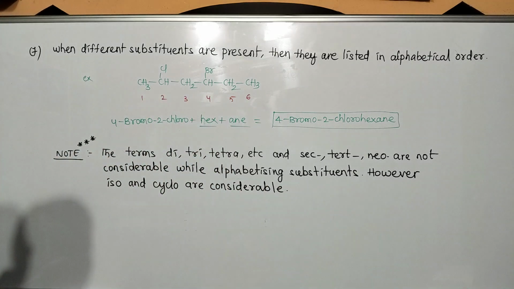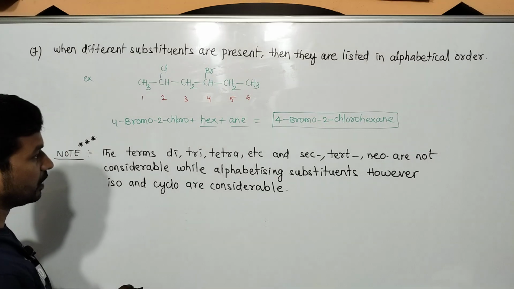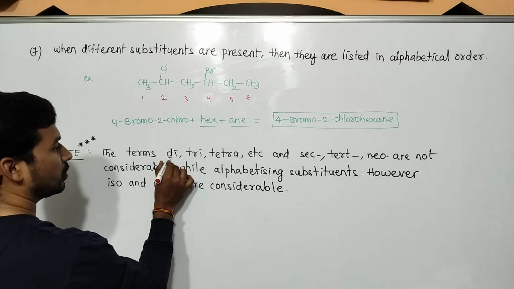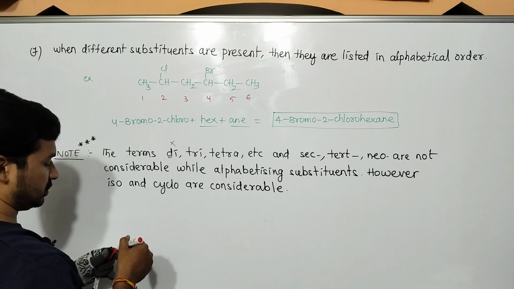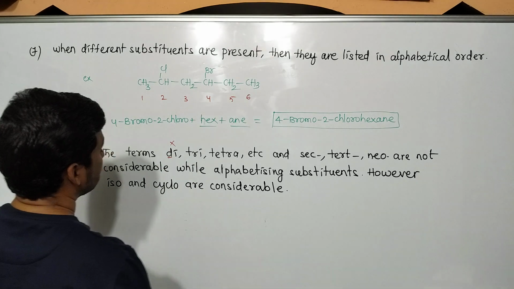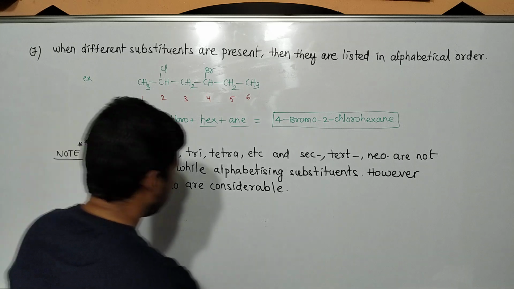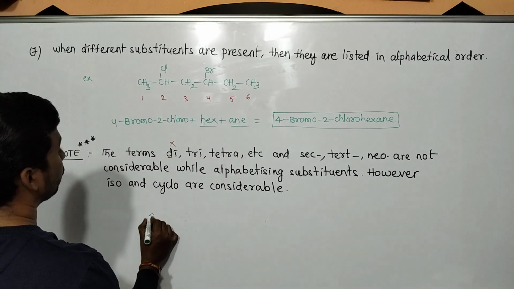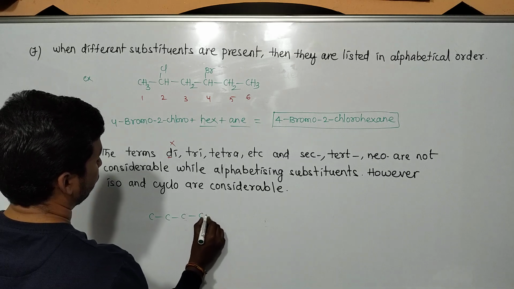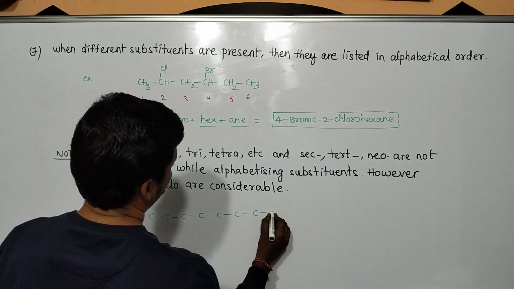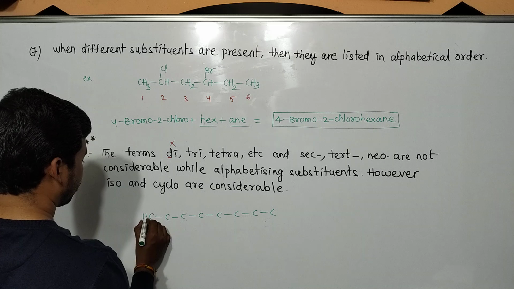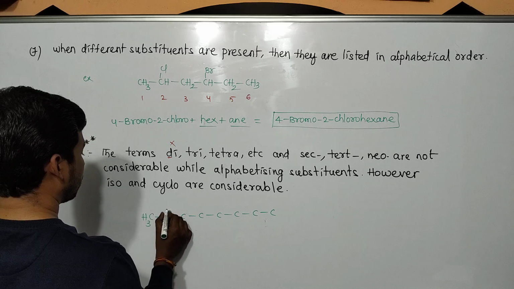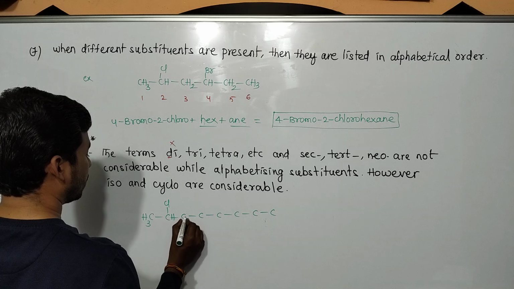See this? If the same group appears 2 times, di, in alphabetical order, don't consider di. For example, let me give one example. Suppose this is chlorine, this is hydrogen.